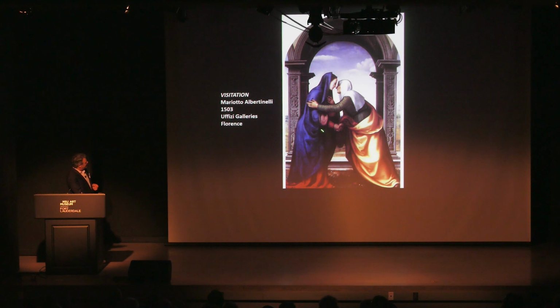Because you can see, of course, that this visitation painting by an artist that you have probably never heard of before and will most likely never hear of again after today, by the name of Mariotto Albertinelli, clearly using those chromatic innovations introduced by Michelangelo in particular.